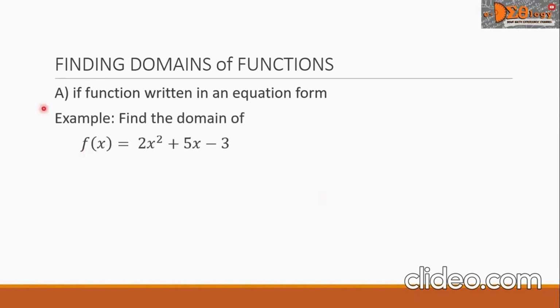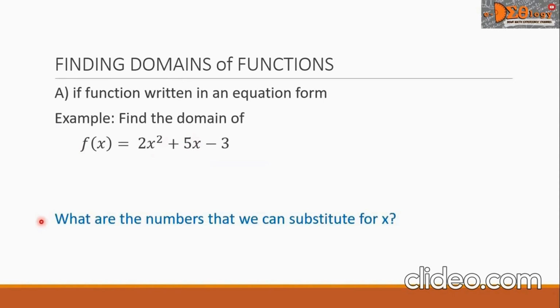Let's have example. Find the domain of f(x) = 2x^2 + 5x - 3. The question here is, what are the numbers that we can substitute for x? We can think of many numbers. One example is 0.